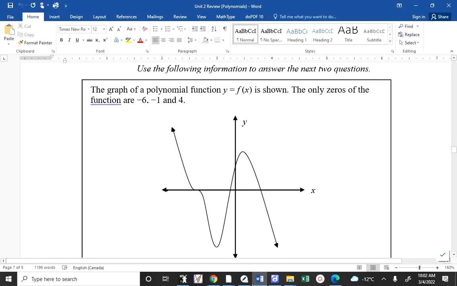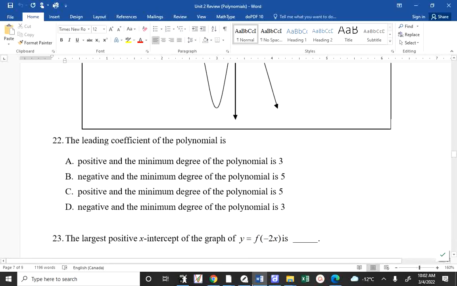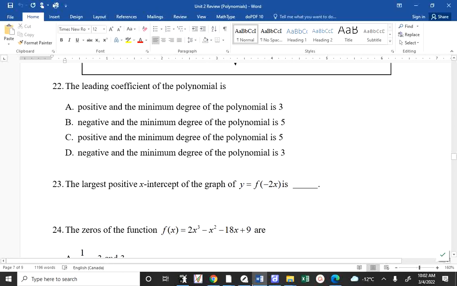The x-intercepts of this graph are negative 6, negative 1, and 4. So when we talk about f of negative 2x, that's going to reverse all of the x-intercepts, making the largest x-intercept 6. But the 2 for a b value, the absolute value of b, stretches things horizontally by a factor of 1/2, which changes the 6 to a 3. So I hope the answer is 3 there.